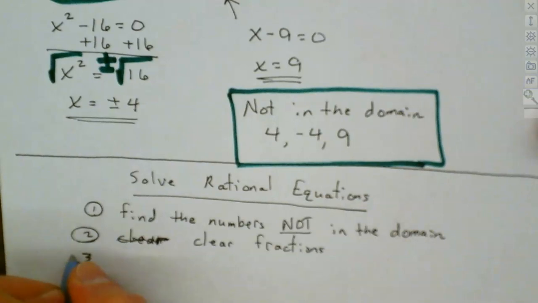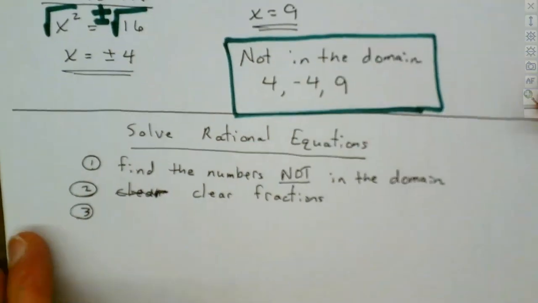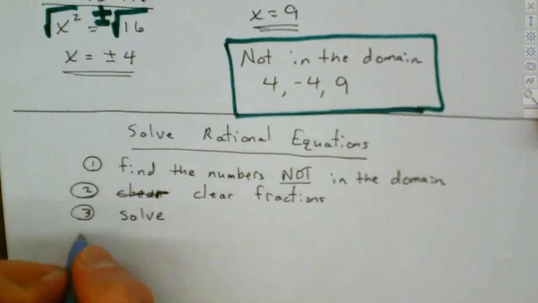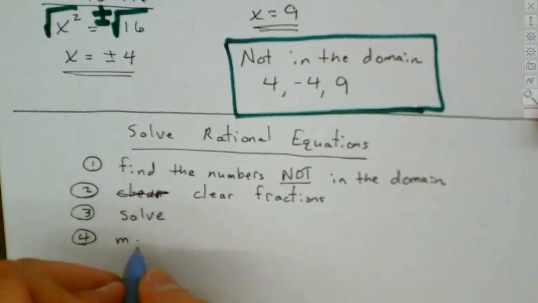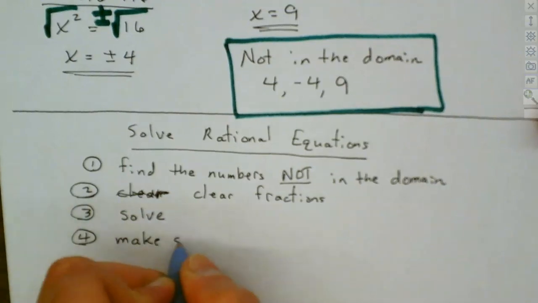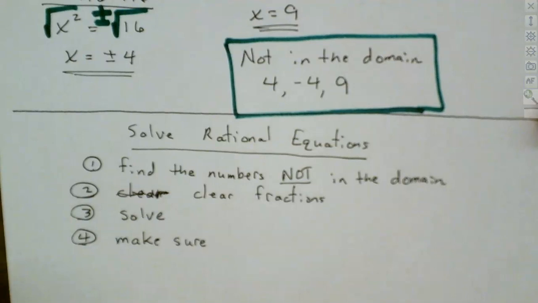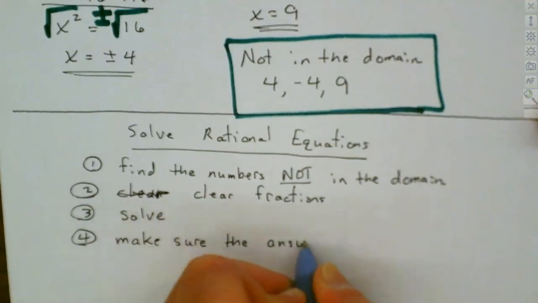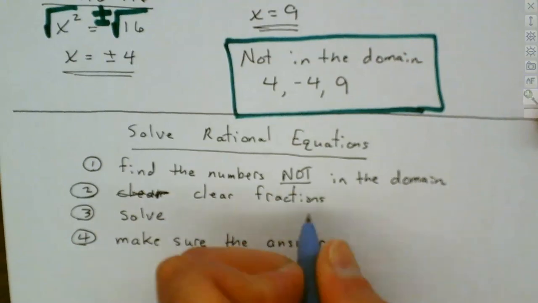Step number 3 is we just simply solve it. Okay, so solve the equation. And then step number 4 is make sure all answers are in the domain. So we're going to make sure the answers are not in step 1.